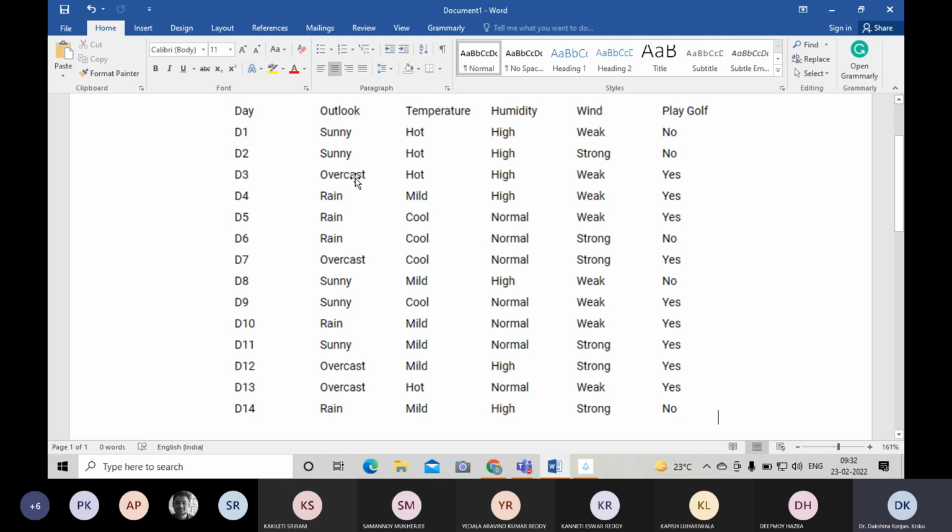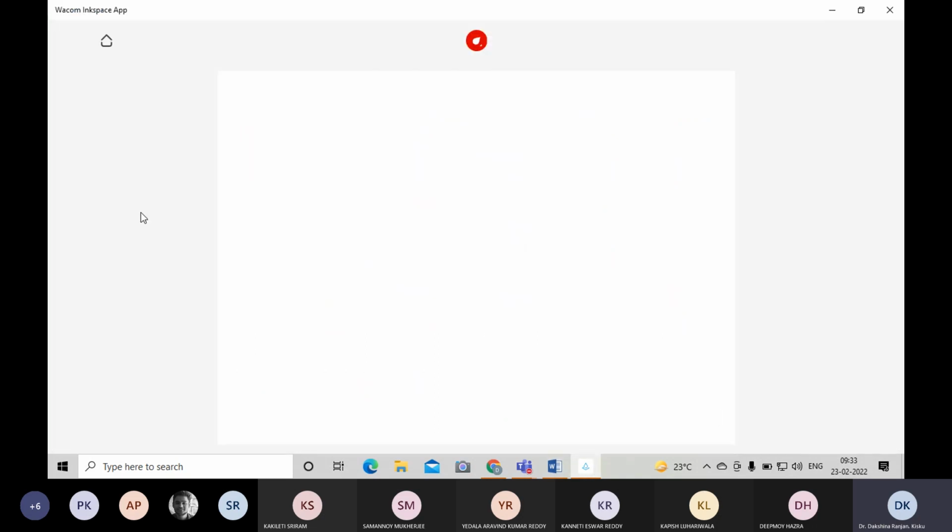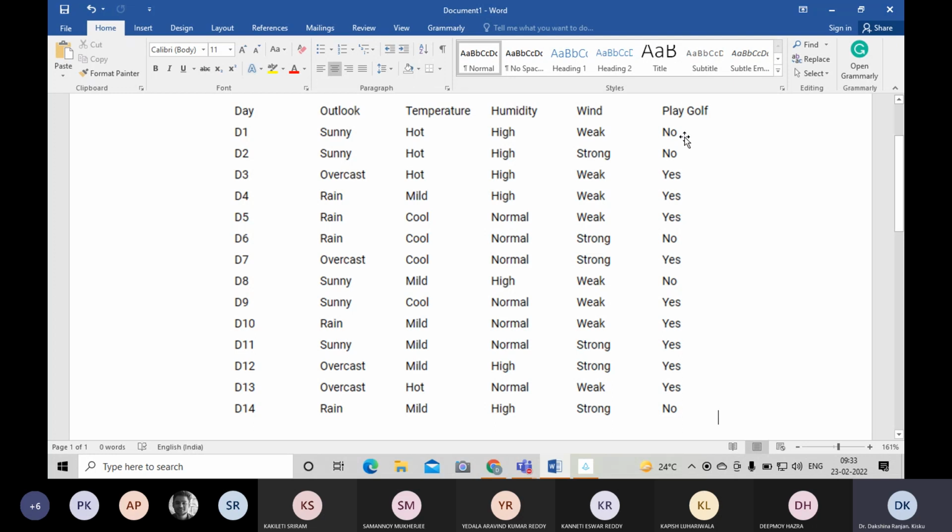And obviously various combinations of feature values, using that trained model, we can predict whether we can play golf or not, having some feature values for outlook, temperature, humidity, and wind. Now here you can see how many classes belong to no and how many belong to yes.